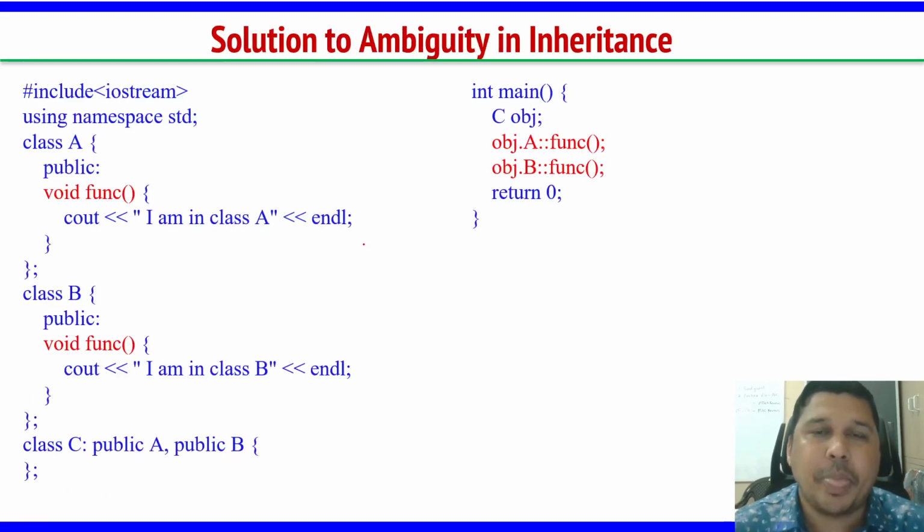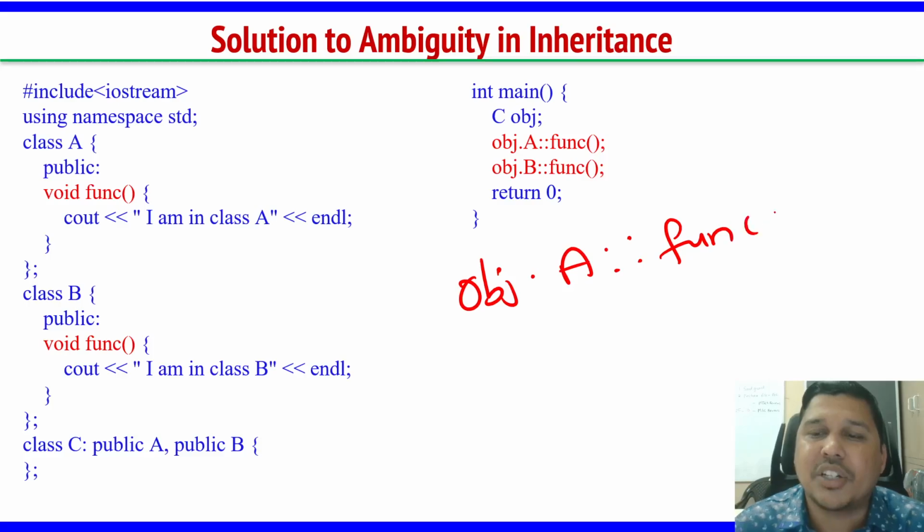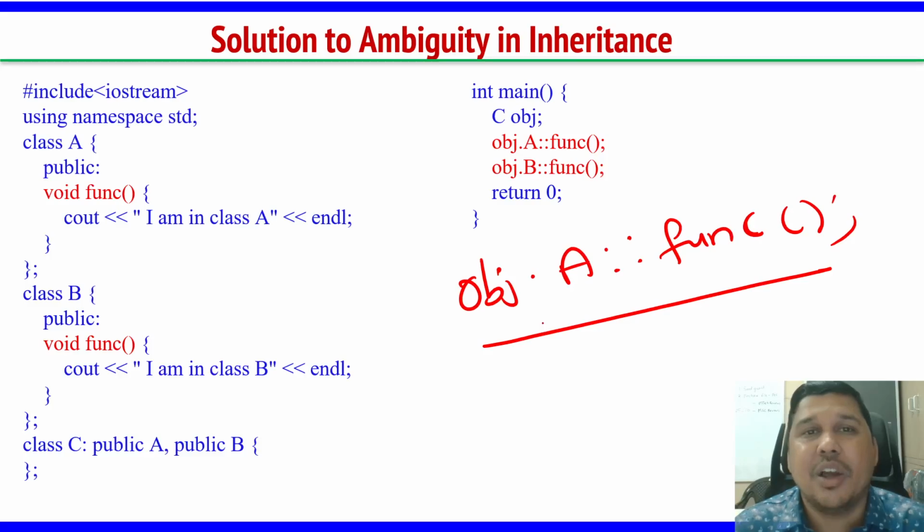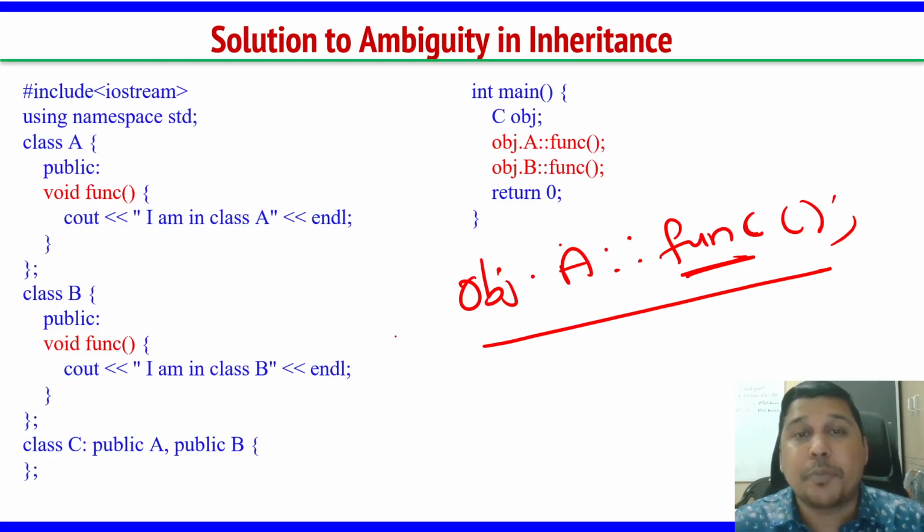Solution to ambiguity. What is the solution here? Same thing, we have already studied this. You have to give the object, dot, class name, and use the scope resolution operator and the function, like this. When you specify it like this, the function of class A will be executed. To avoid ambiguity, you have to clearly specify which parent class function you want to execute.